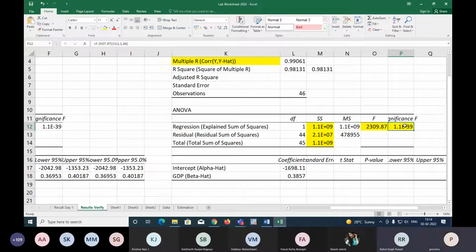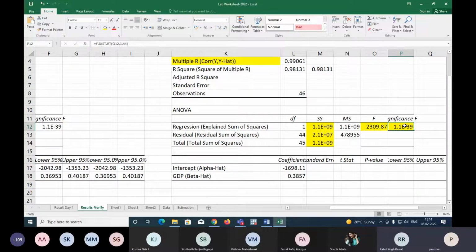If this significance level is less than 0.05 but greater than 0.01, then we will say that the null hypothesis is rejected at 5% significance level.